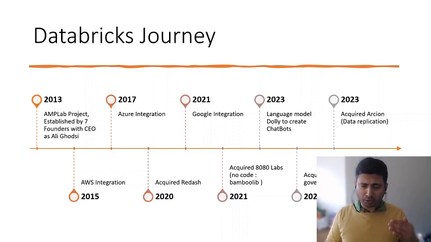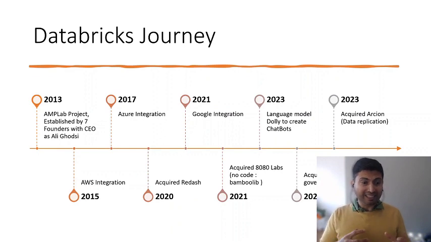It's always important to integrate with all the services they have, so that your existing infrastructure aligns and integrates with what is newly brought by Databricks. So 2015, 2017, and 2021 were focused on those integrations.